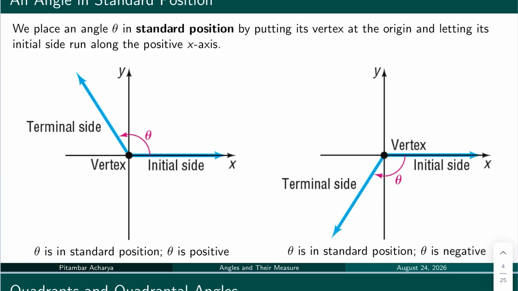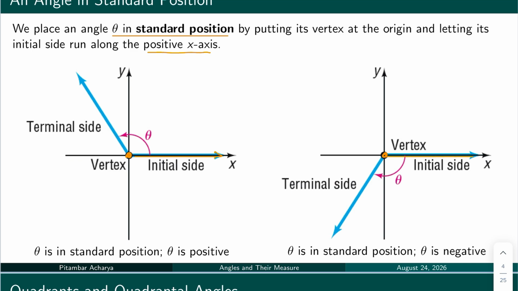Now we define an angle in standard position. We place an angle theta in standard position by putting its vertex at the origin, so this is the vertex, we should put this at the origin, and letting its initial side run along the positive x-axis. So this is the initial side, it should run along the positive x-axis.